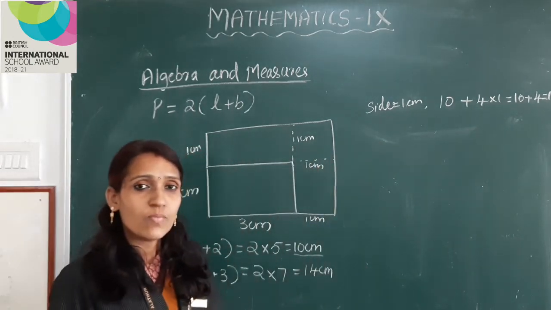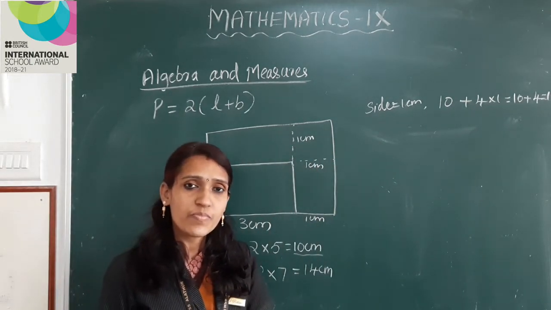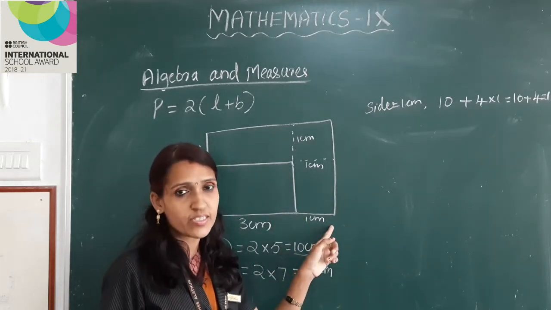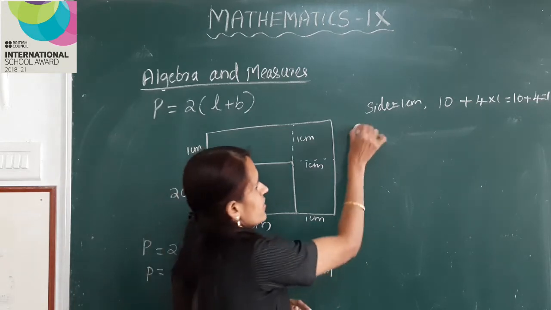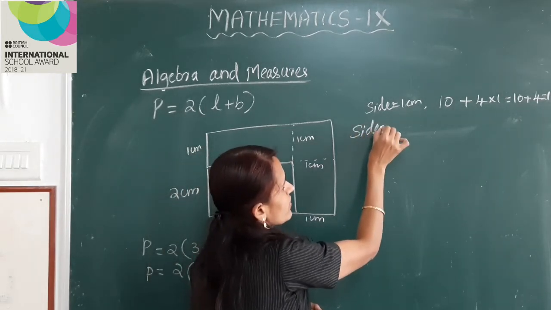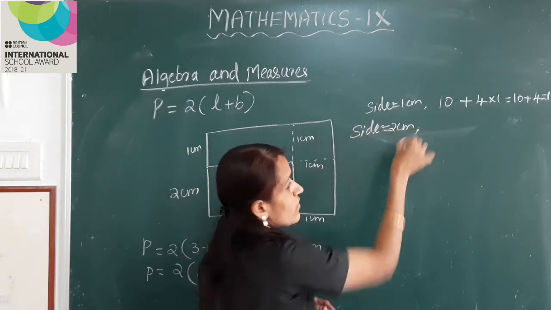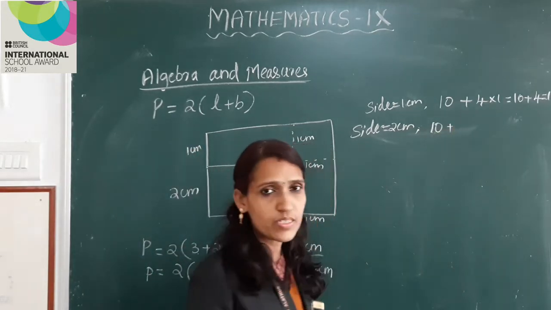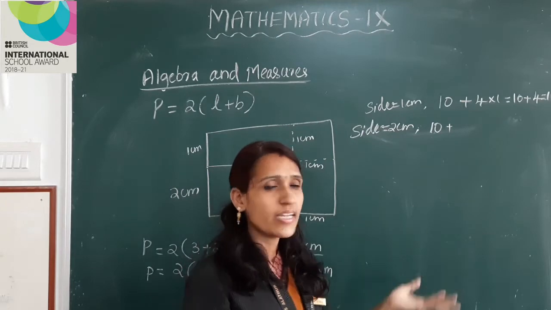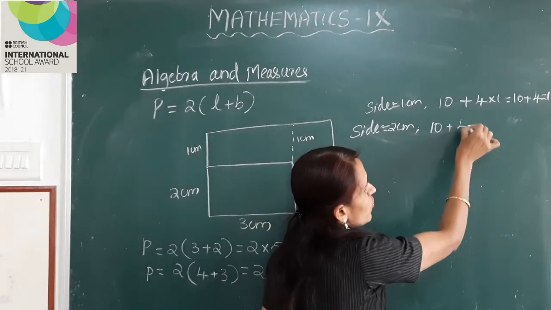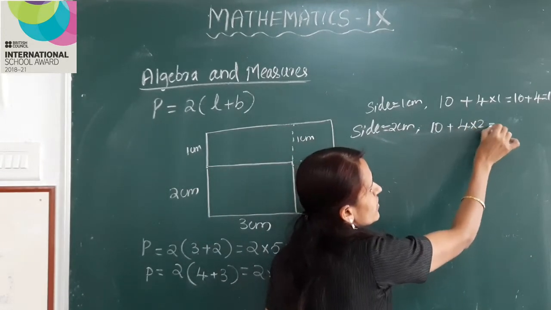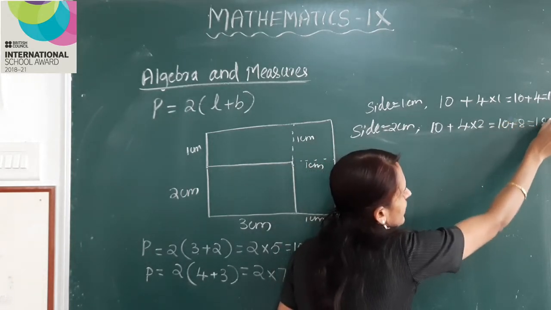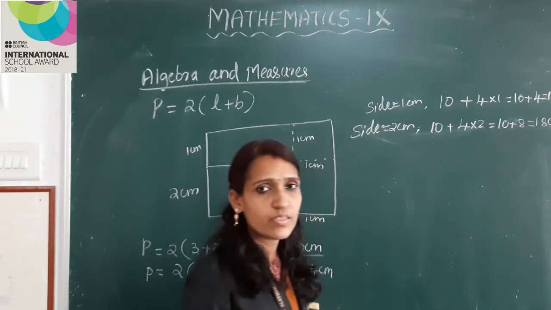Okay. Next, if the sides are extended by 2 centimeter, the original rectangle perimeter is 10 centimeter plus total increase 4 into 2. This is equal to 10 plus 8 is equal to 18 centimeter.